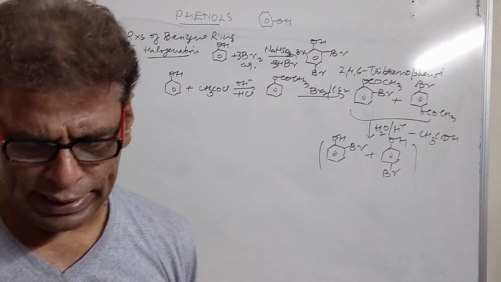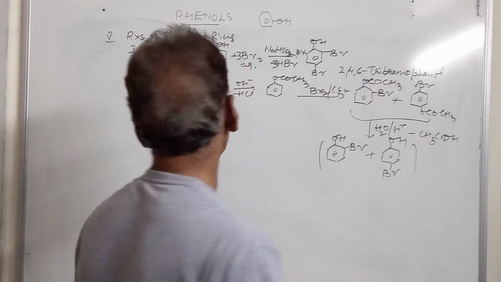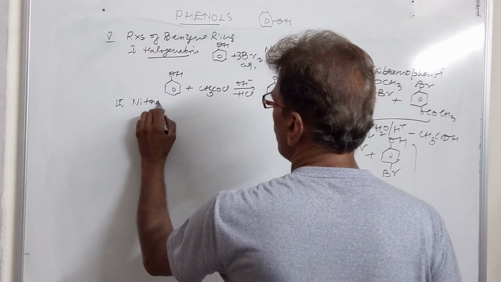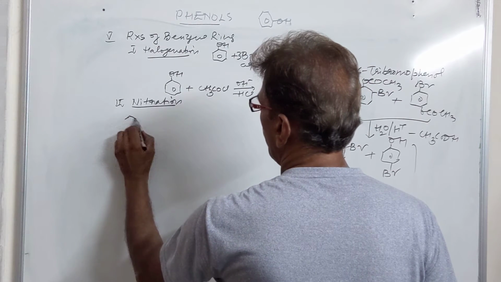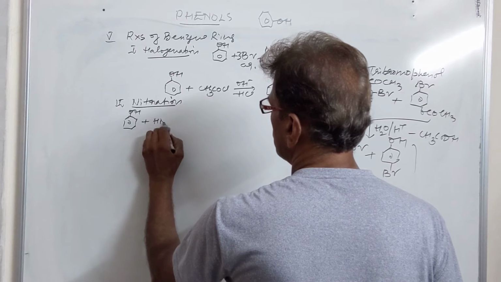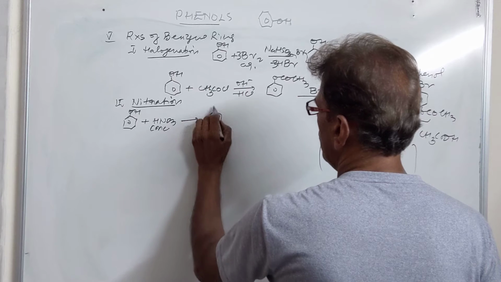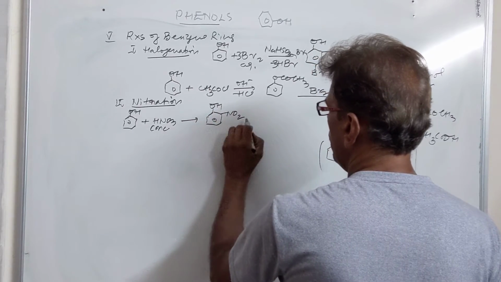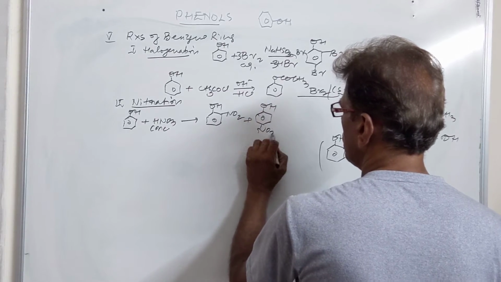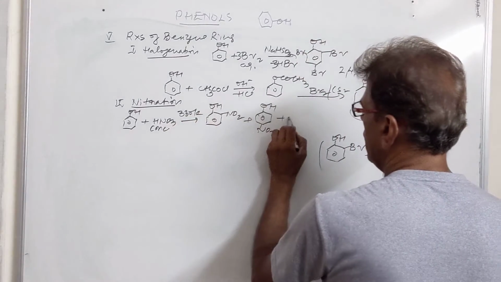Then we have nitration. Nitration also produces ortho and para nitrophenol. Phenol treated with nitric acid, we get a mixture of ortho nitrophenol plus para nitrophenol. This reaction takes place at 330 Kelvin.